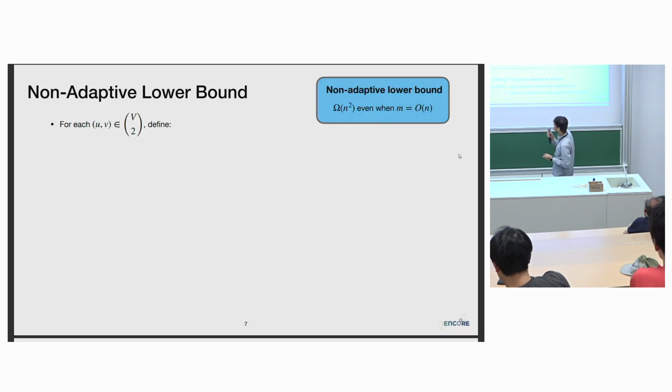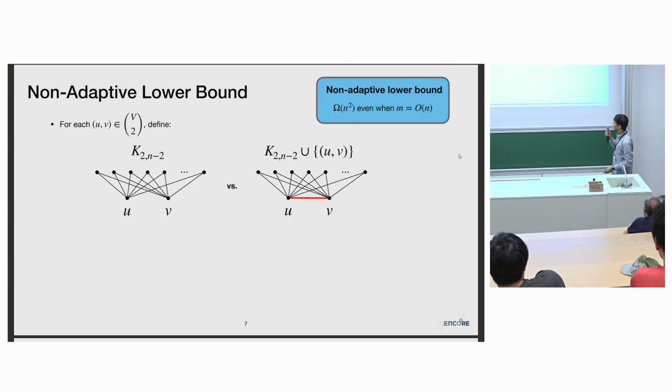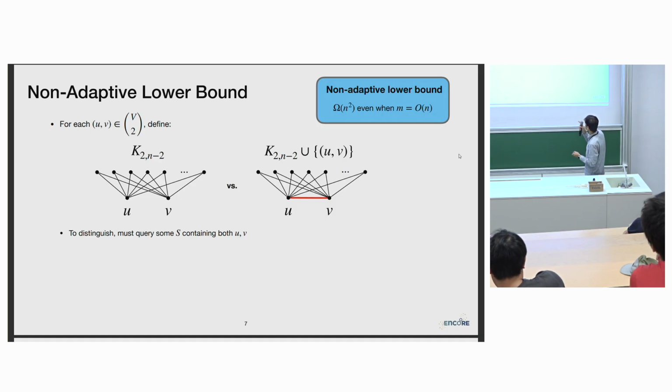So now let's give some intuition about why the non-adaptive lower bound works, because you can have this type of case. You see there is this complete bipartite graph, and on the other hand, you have a graph which is complete bipartite plus 1 edge, like this. To distinguish these 2 graphs, you have to query some subset containing both u and v.